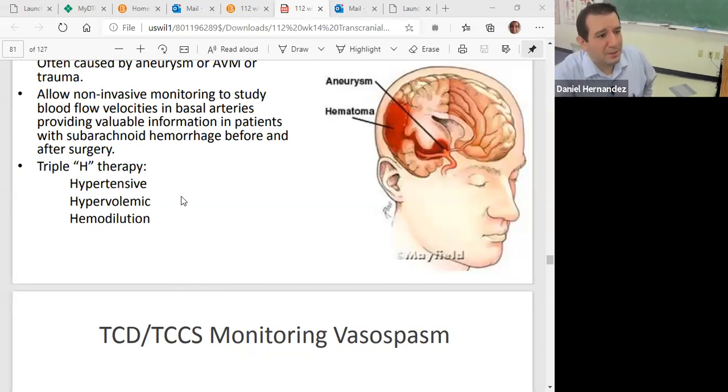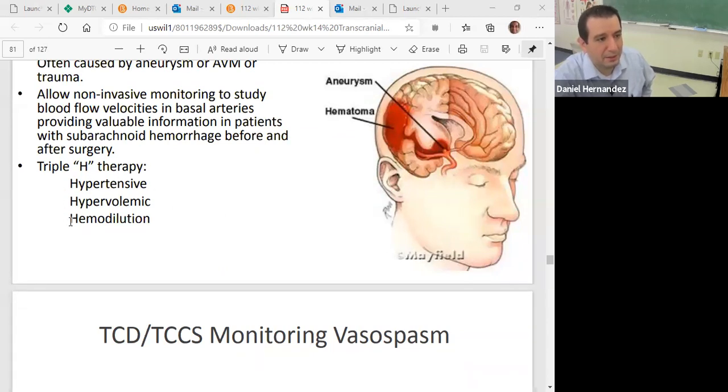With this triple H therapy, hypertensive means we want to maintain a patient's blood pressure at a high enough level to ensure perfusion of the tissue of the brain. So some patients will actually increase or maintain a hypertensive state in order to maintain adequate blood flow to the brain.